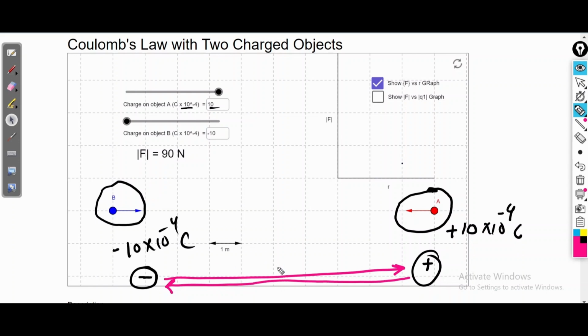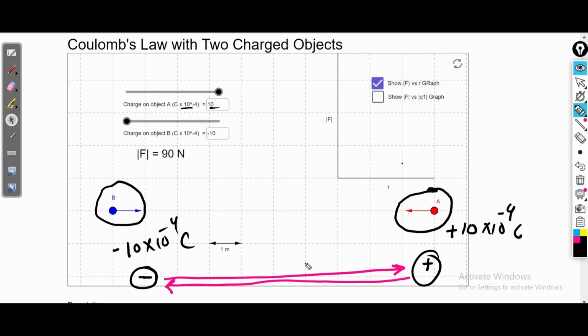So Coulomb's law quantitatively analyzes that force which is present between these two objects.